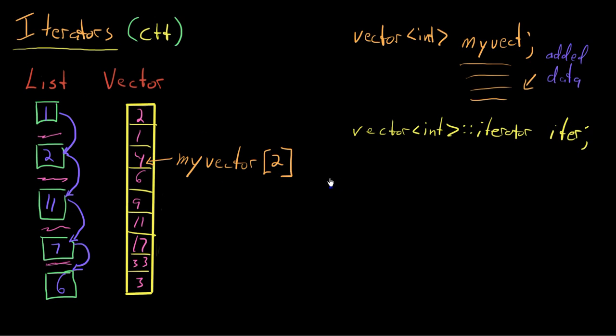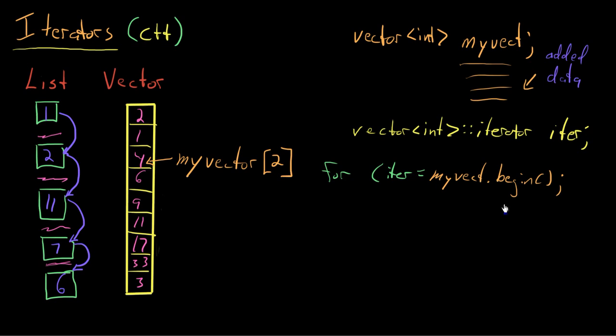So then our typical usage would be, you do for, you'd say iter equals, then we go back up to myVect and we say myVect dot begin.